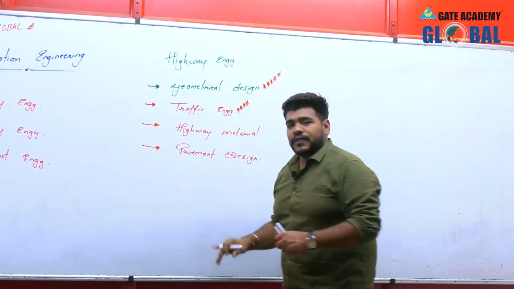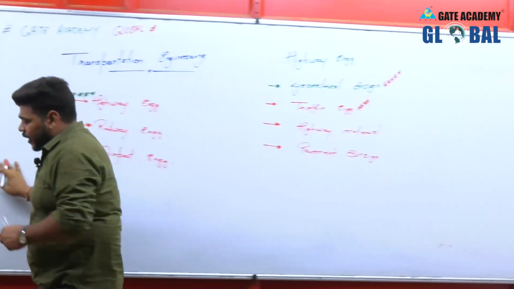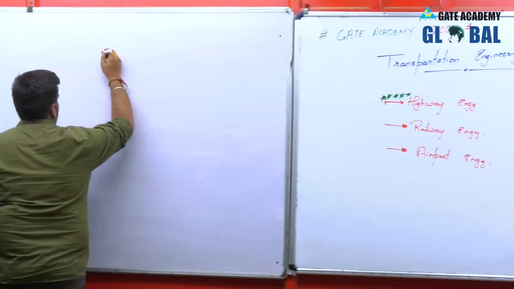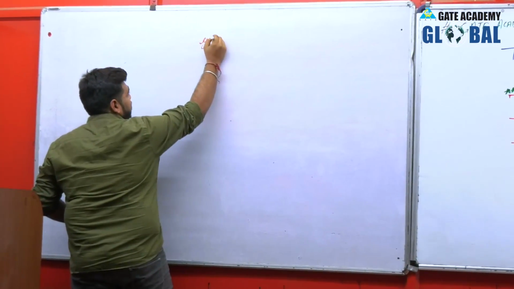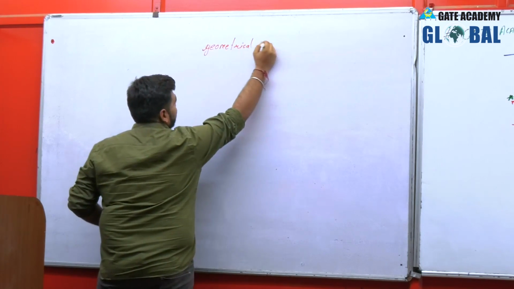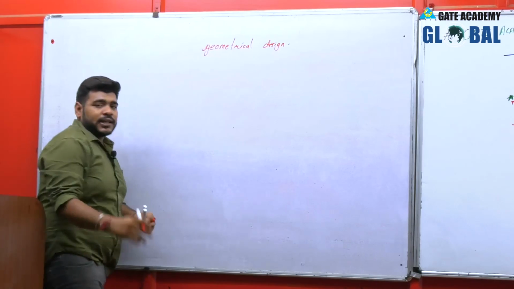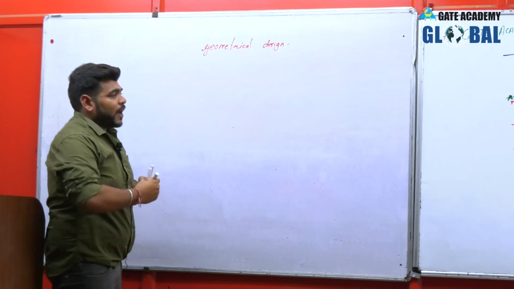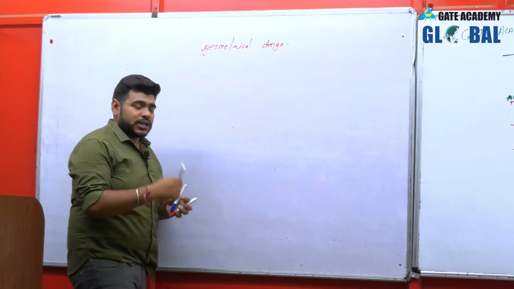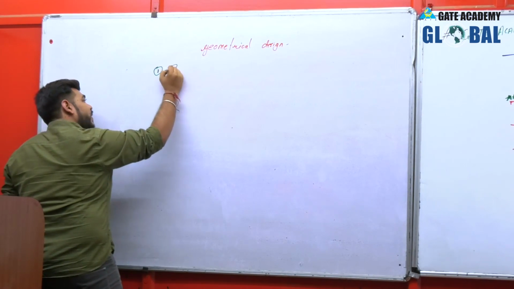Now when we start with geometrical design, we'll come to know how it is bifurcated. Geometrical design is bifurcated into 4 parts. The first part is pavement characteristics.